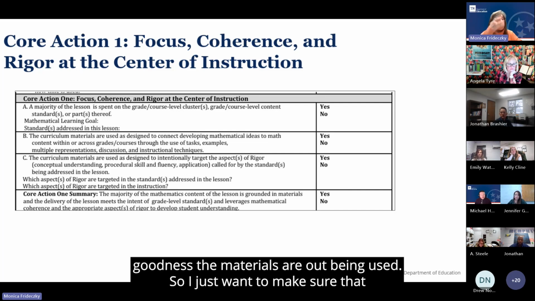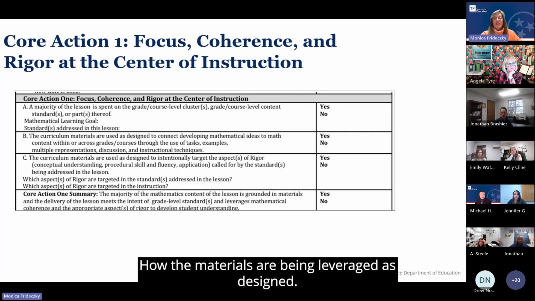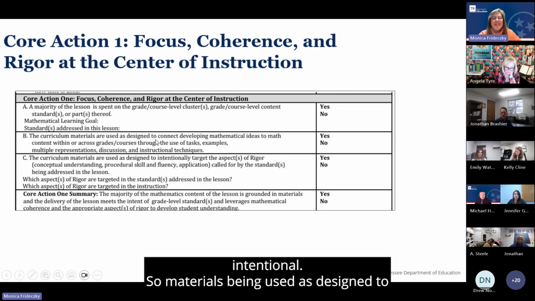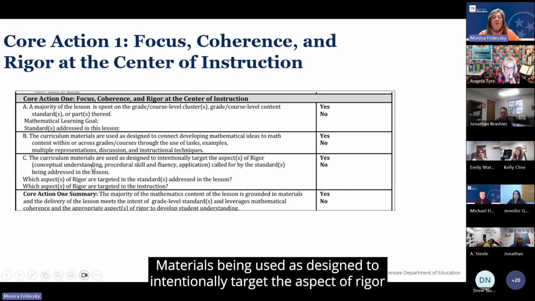We were wearing those rose-colored glasses and just saying, thank goodness the materials are out and being used. So I just want to make sure that consideration is given to how the materials are being leveraged as designed. In core action B and C, some of the language there is very intentional: materials being used as designed to connect developing math ideas, materials being used as designed to intentionally target the aspect of rigor called for by the standard.